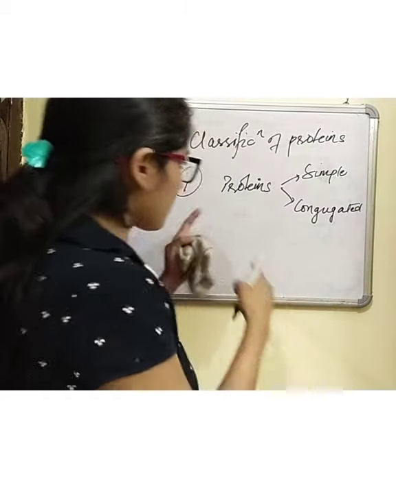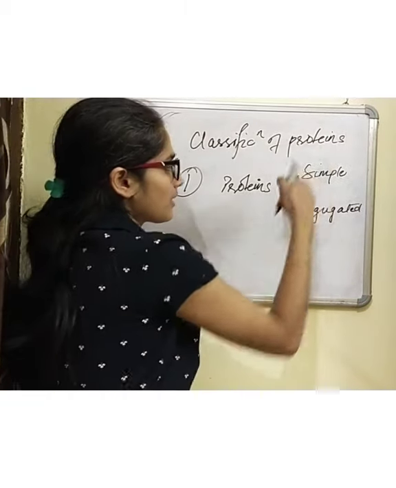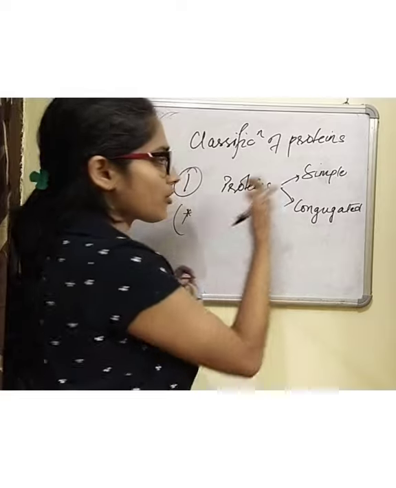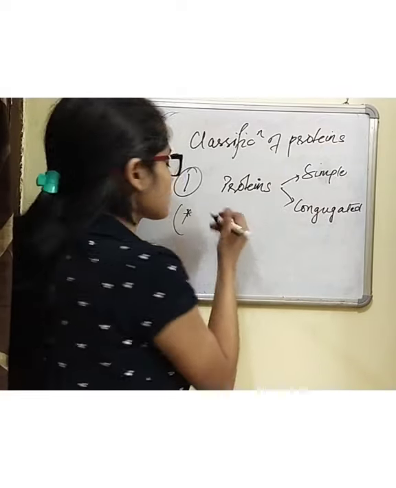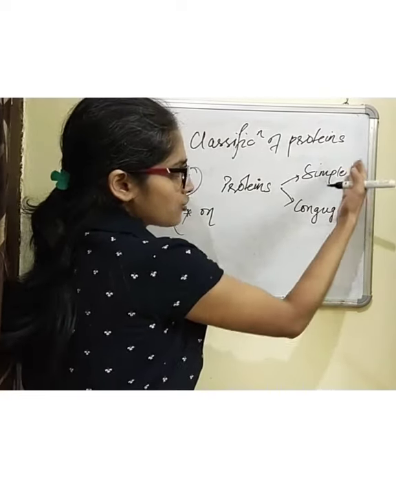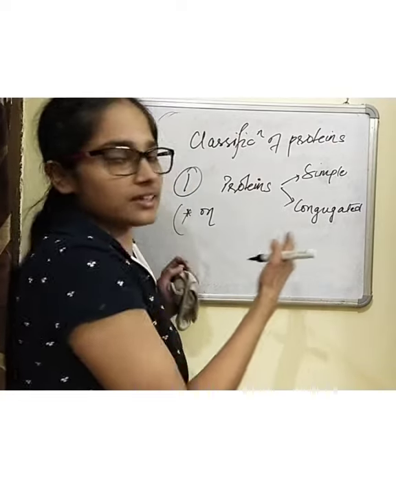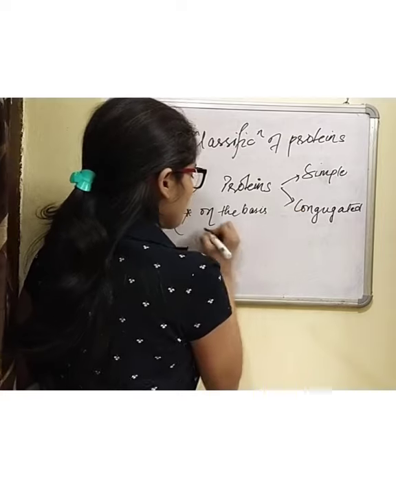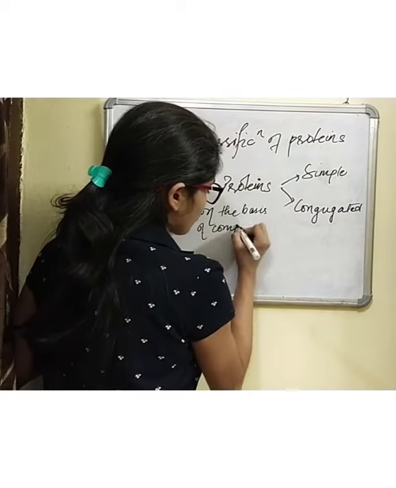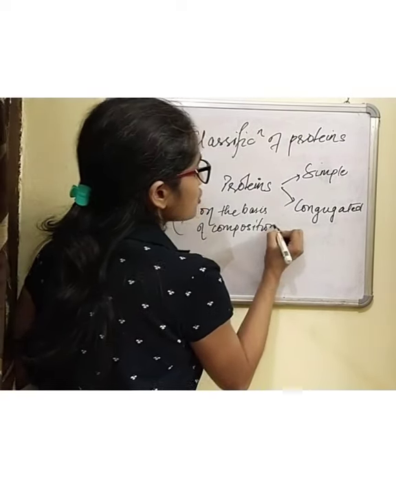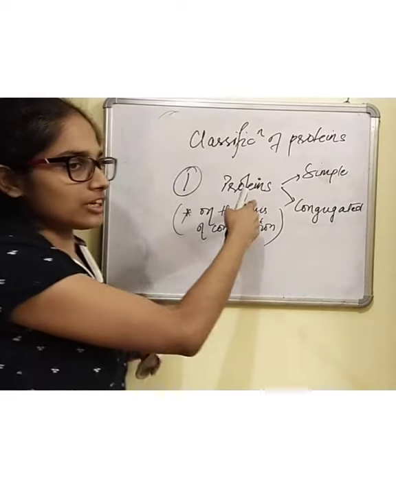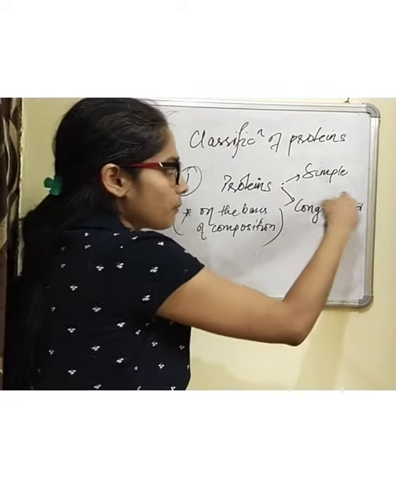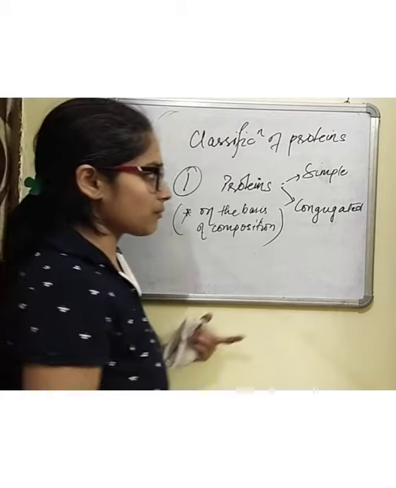So what is the criteria? The criteria for this type of classification into simple and conjugated is on the basis of their composition. On the basis of composition, these protein molecules are classified into simple proteins or conjugated proteins.